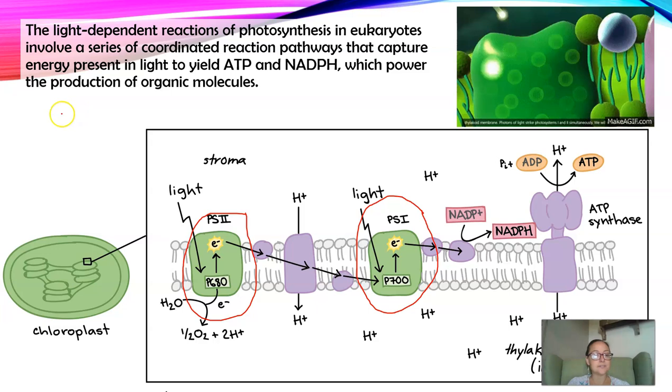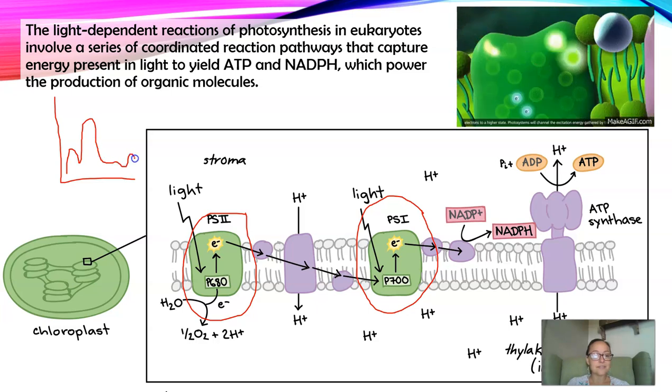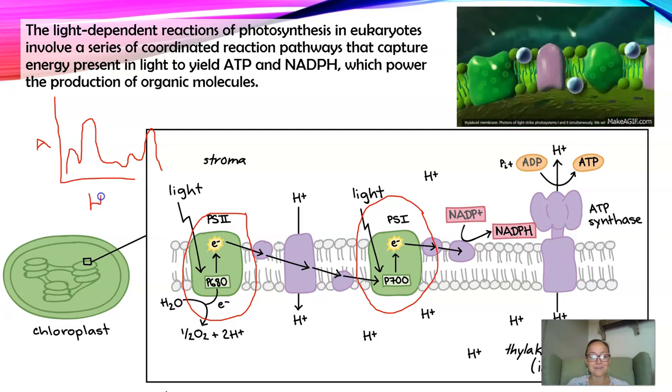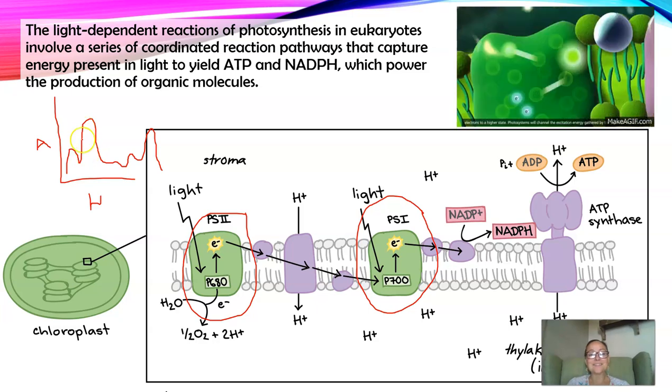If you ever see a graph called an absorption spectrum that looks something like this, usually on the side you have the absorbance, and down here you would have the wavelength of light. This is a measure of how much light is being absorbed.